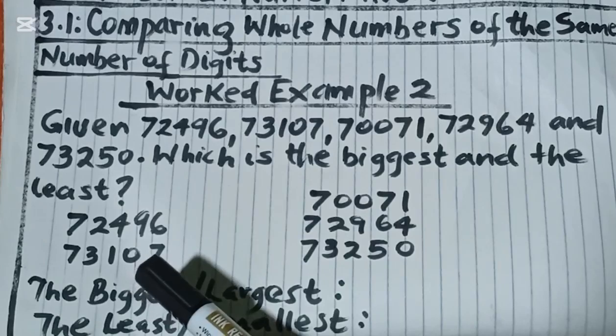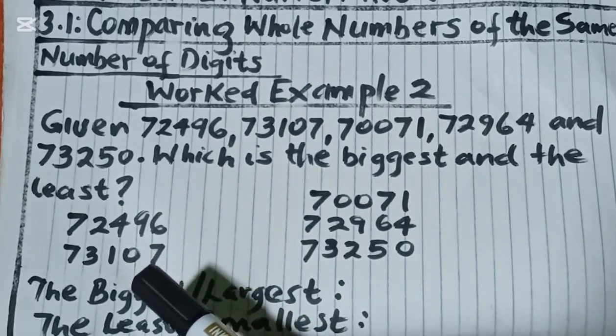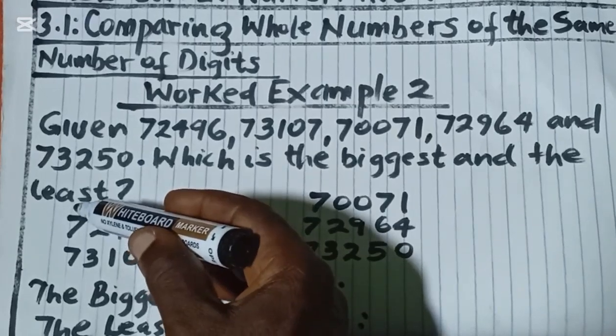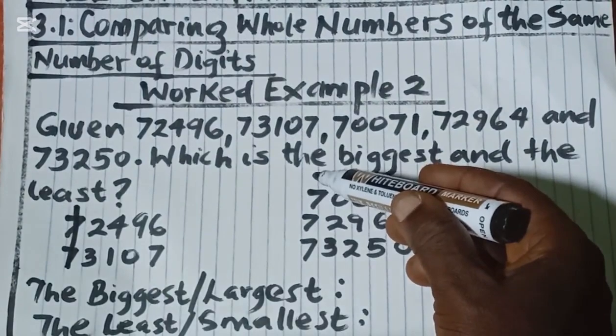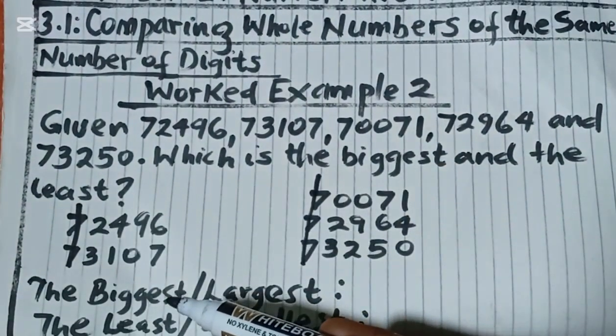Then we eliminate the digits starting from the first digit, moving rightwards. So in this case, we have the first digit as 7. So we rule out the first digit of the numbers because we can't use it to ascertain.